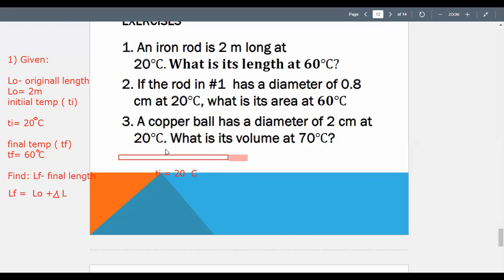Now, we can call this previous value L sub O. This is the L sub O, while the part at the end is the added length, which we can call delta L. So once you heat up the object, this is what we will eventually see. But that will only happen when you heat the object. Are you following me?